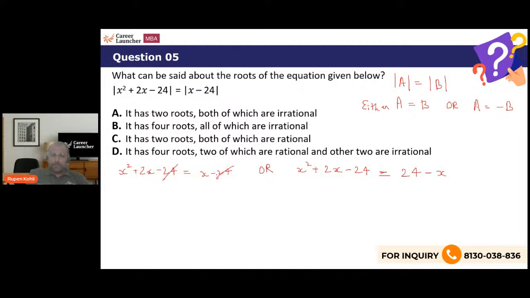The constant term cancels off. x square plus 2x equals x. So x square plus x is 0. So x into x plus 1 is 0. Very simple equation. x is either 0 or minus 1. And it is not very hard to check that 0 and minus 1 satisfy the original equation. At x equal to 0, both LHS and RHS are 24. At minus 1, they are 25 each.